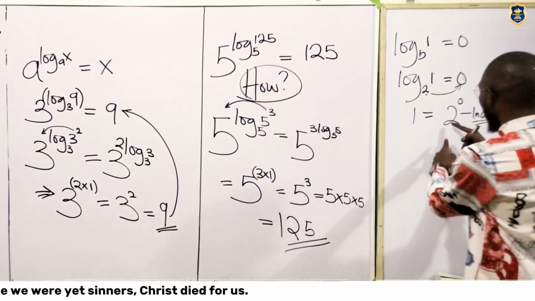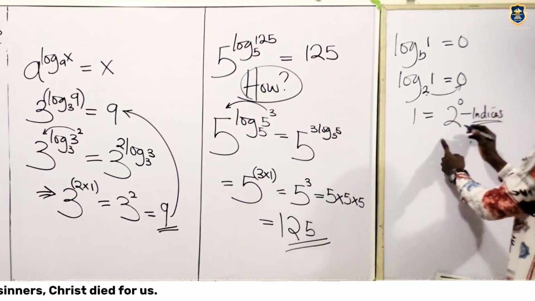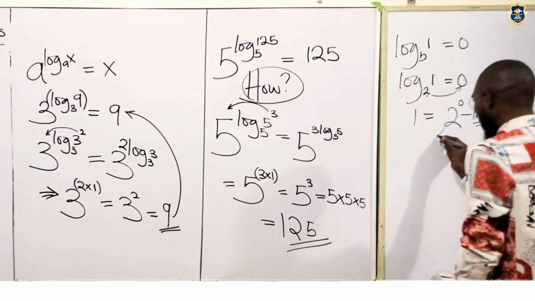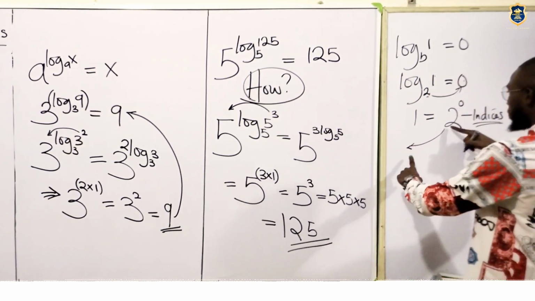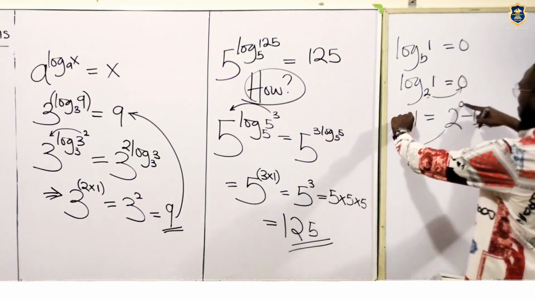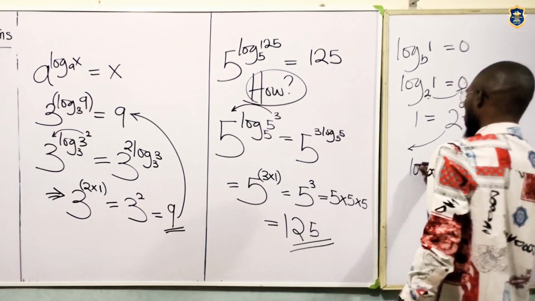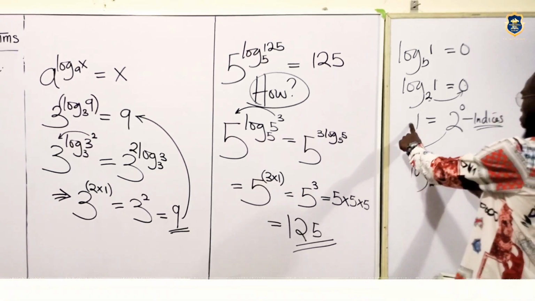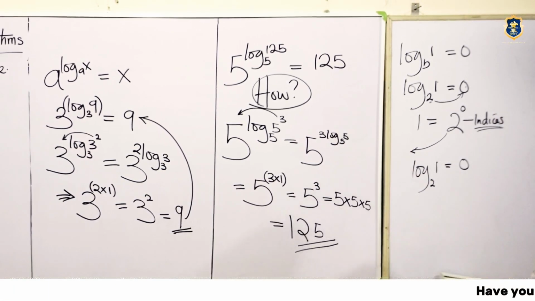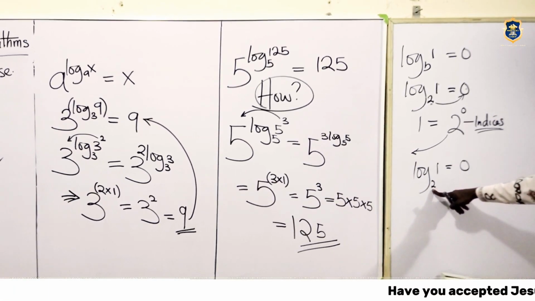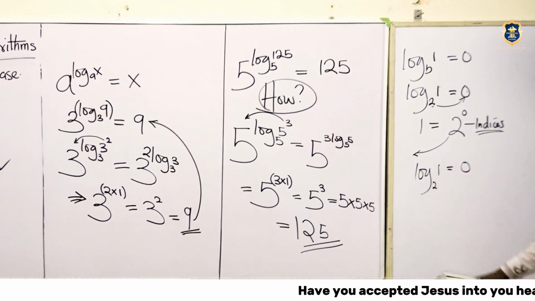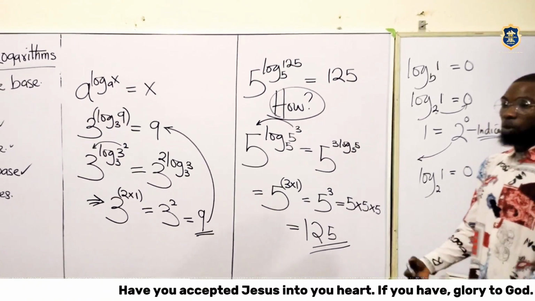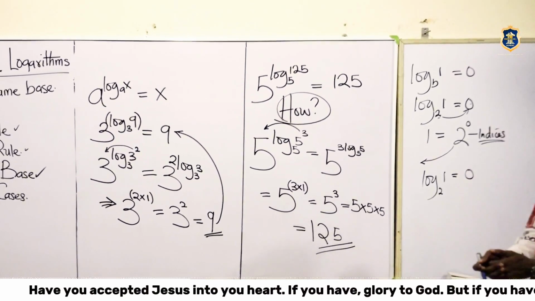And if we want to reverse this to logarithms, as I said in my first class, this one comes down becoming the base of a new log, so it becomes log base 2 of 1 equal to 0. So log to any base of 1 is 0, just as we have log to its own base is 1.